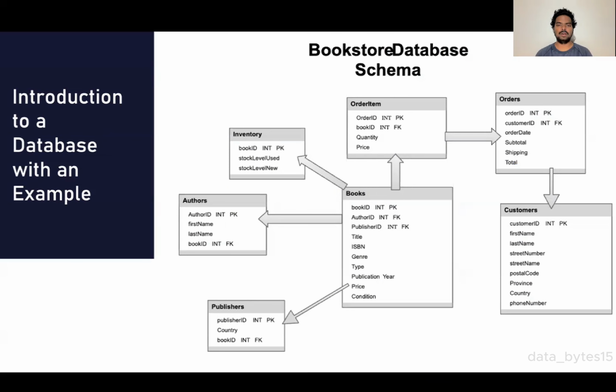In a database, coming to schemas, schemas are nothing but a blueprint to a database. If you take this bookstore database example, here a schema defines the contents of a database. If you see all the square blocks, there are different labels over here: books, order item, orders, customers, inventory, authors, publishers.